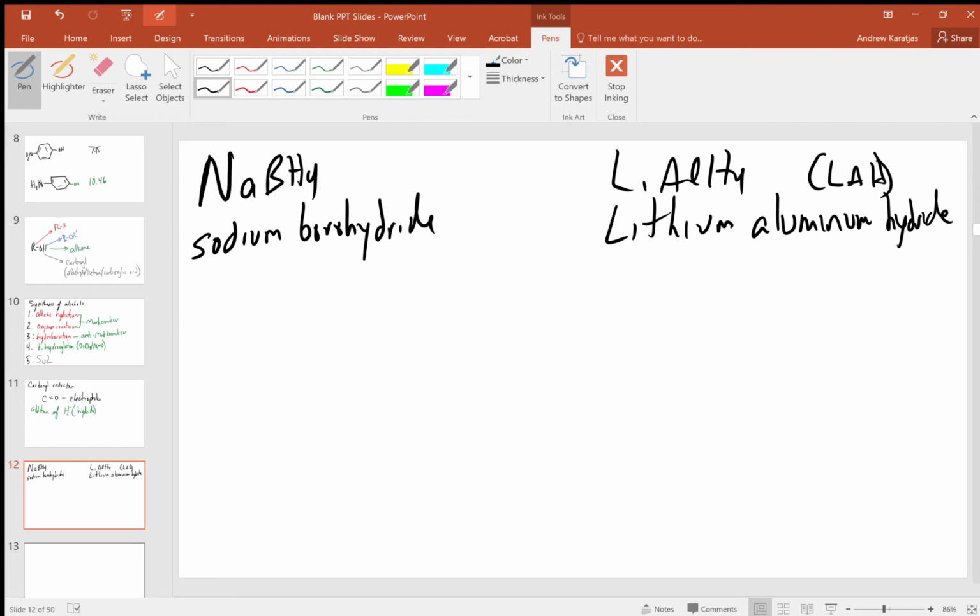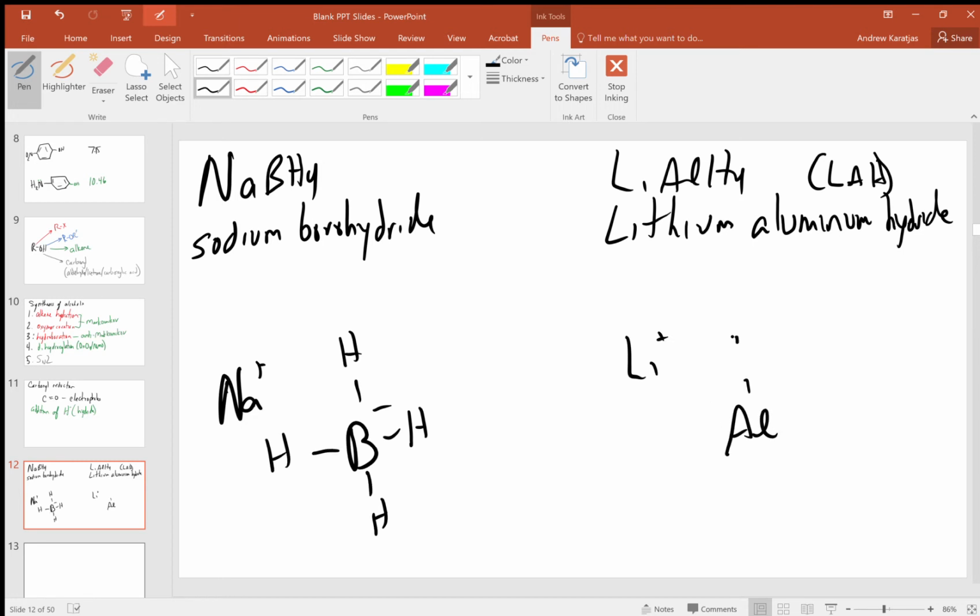Now, while there's some difference in the strength of these reactions, they behave in very similar ways. So the metal on them is just a counterion in both cases. But what we have is a group 13 element, boron or aluminum, and that's bonded to 4 hydrogens. And what we'd want to consider is, what are the electronegativities of these elements?